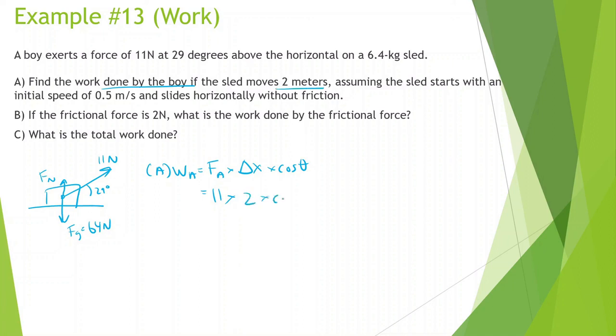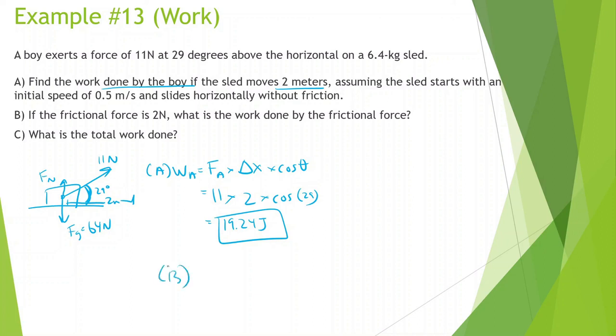Times 2 times cosine. So again, this moves 2 meters to the right, so that means the angle between the displacement and the force is 29 degrees. So let's do this. 11 times 2 times cosine of 29. 19.24 joules.